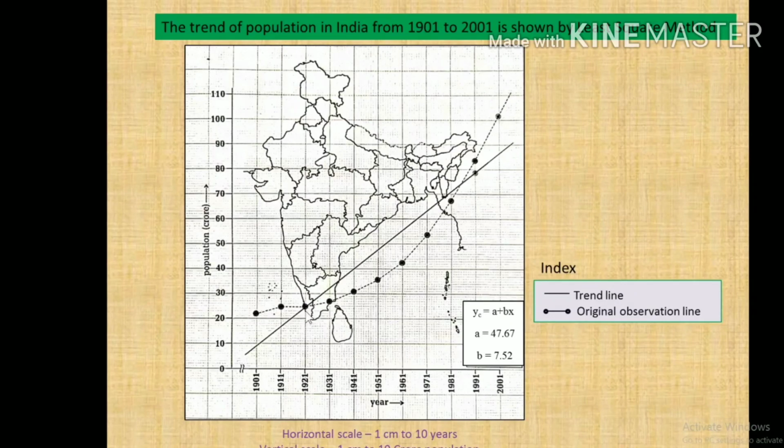It can be seen that the lowest population in India is in the year 1921 and the highest in 2001.